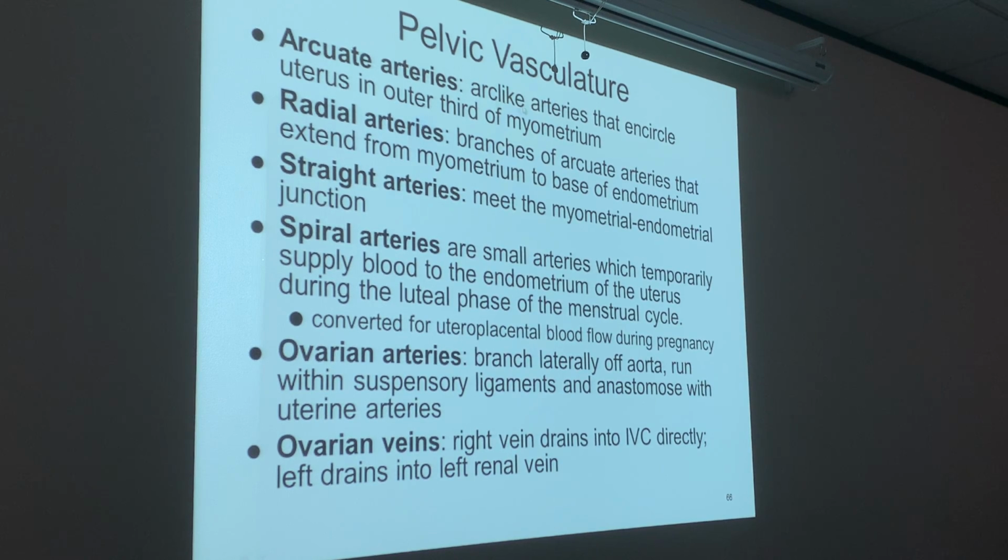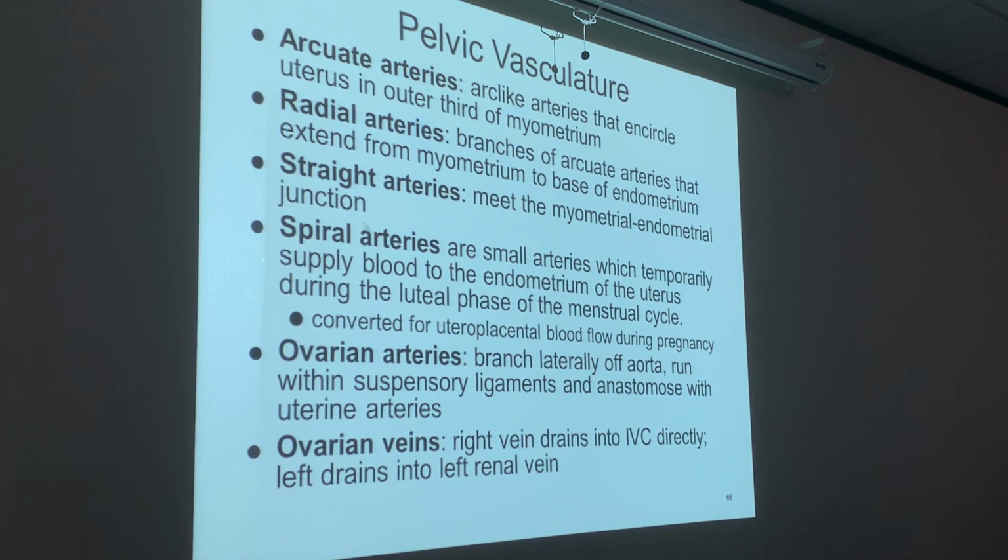So this feeds part of the myometrium. The radial feeds part of the endometrium. When the radials branch off, the straight arteries are where the endometrium meets the myometrium at the zone of what? Zona basalis. Okay?